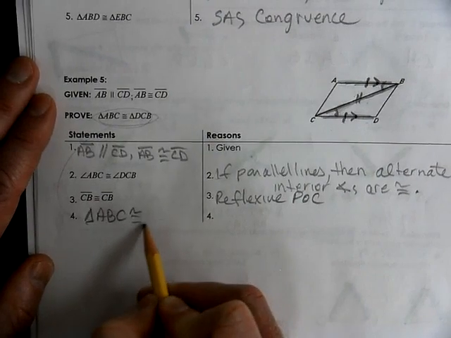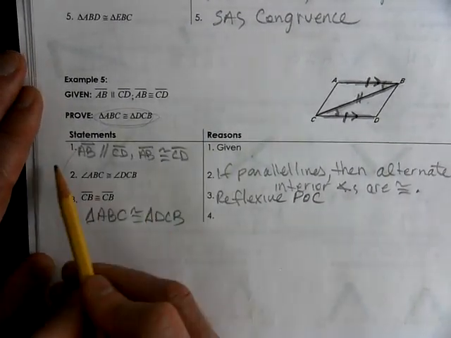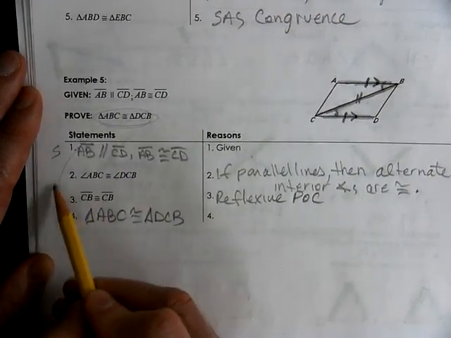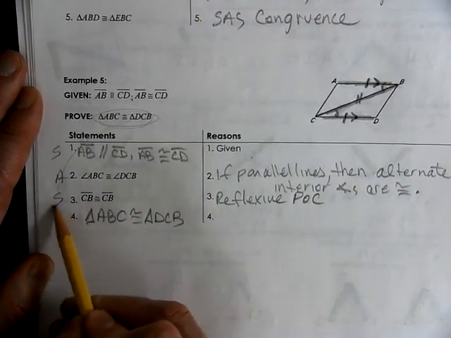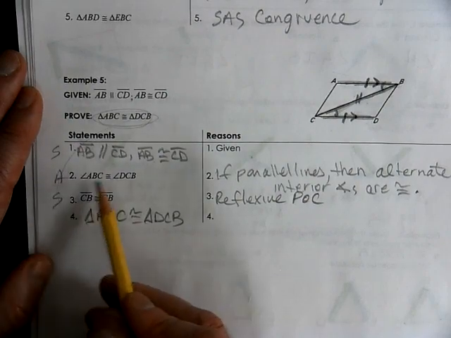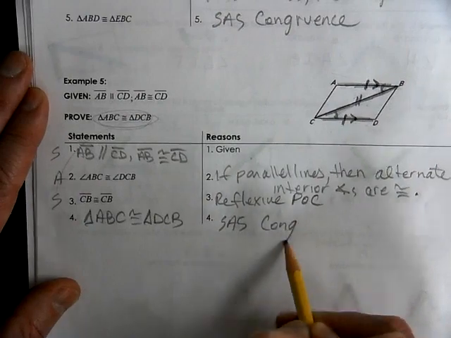Do we have enough information? Did we get a pair of sides being congruent? Did we get a pair of angles being congruent? Did we get another pair of sides being congruent? Hey, look at that. So side, angle, side, congruence.